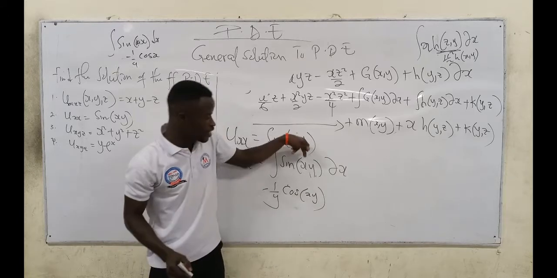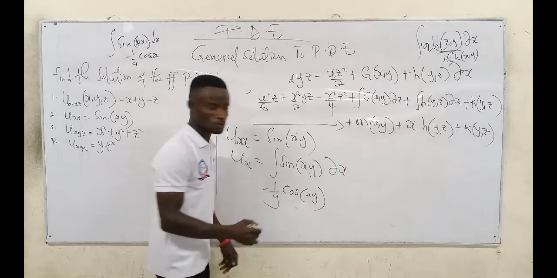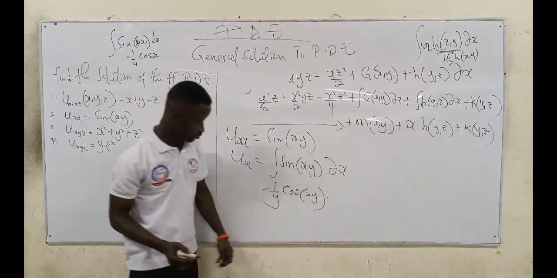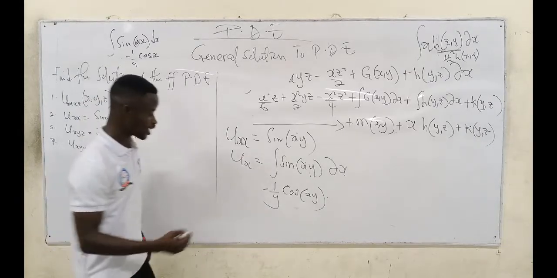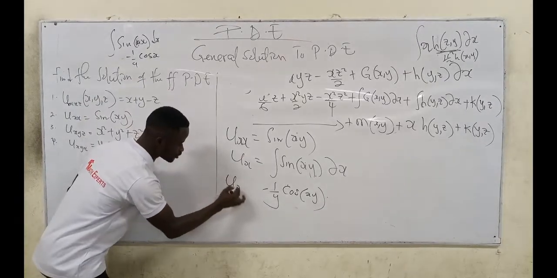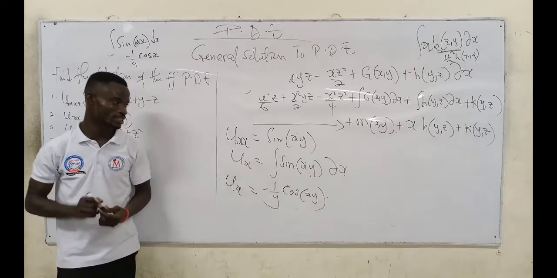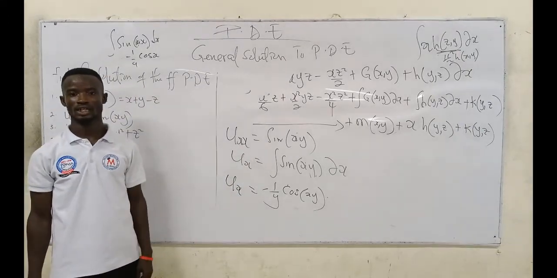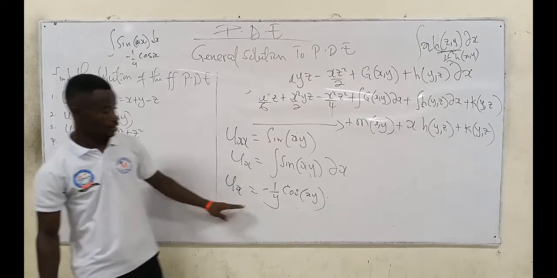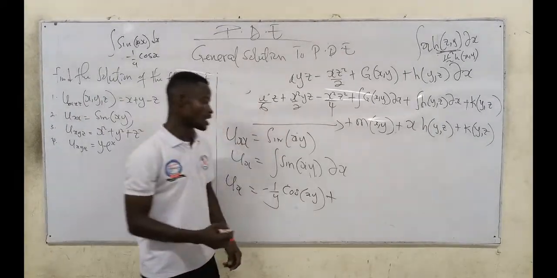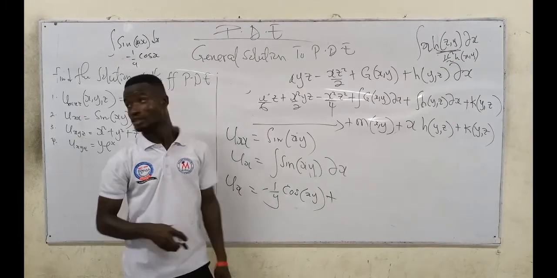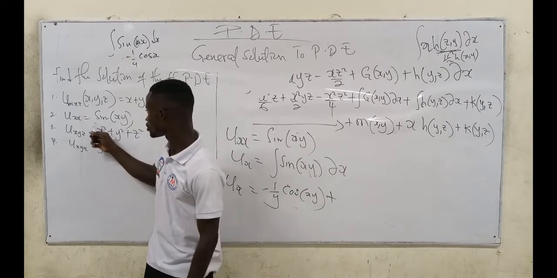Then we differentiate the inside. So we get u subscript x is equal to this, plus the constant. The function is in terms of what?